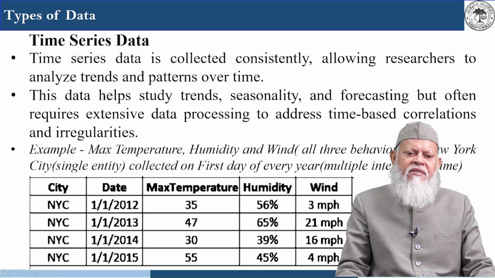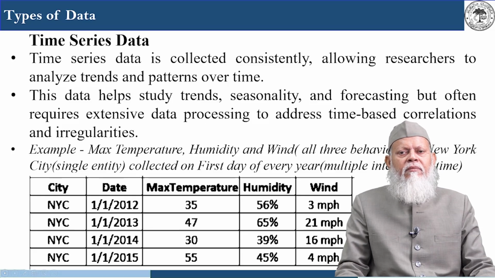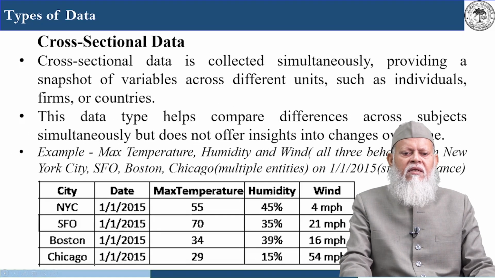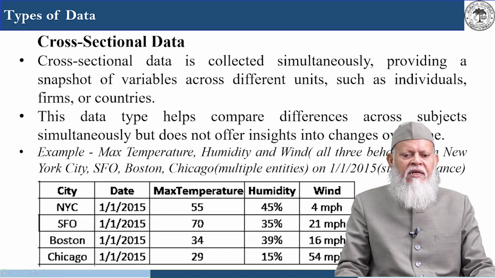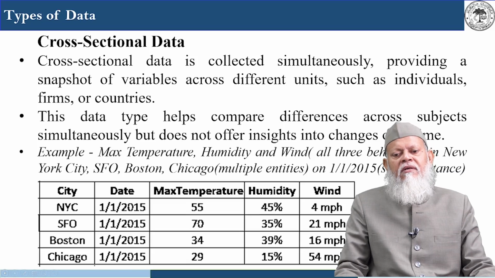In the earlier time series data, we had a single entity but multiple intervals of time. But here in the cross-sectional data, we have multiple entities like New York, Boston, Chicago cities, but the time period is only one.